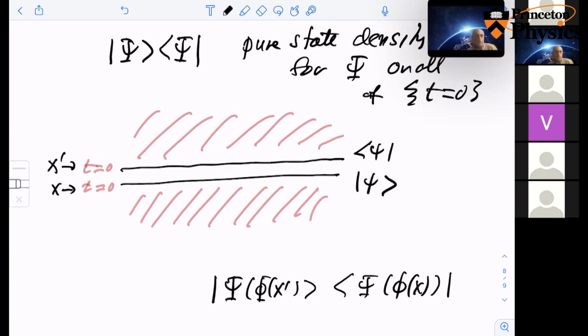So to compute the pure state density matrix, we do a path integral in the lower half plane with boundary values phi(x), and a path integral in the upper half plane with some other boundary values phi(x prime). And the product of the two is a density matrix that depends on both sets of variables.